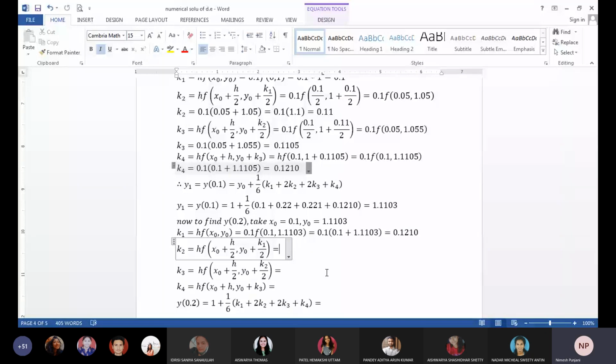Calculate k2, k3, k4 and tell the value of y of 0.2. You can tell k2, k3, k4 so that if something is going wrong in between, you can correct that step; otherwise if something goes wrong in between, everything ahead will be wrong.